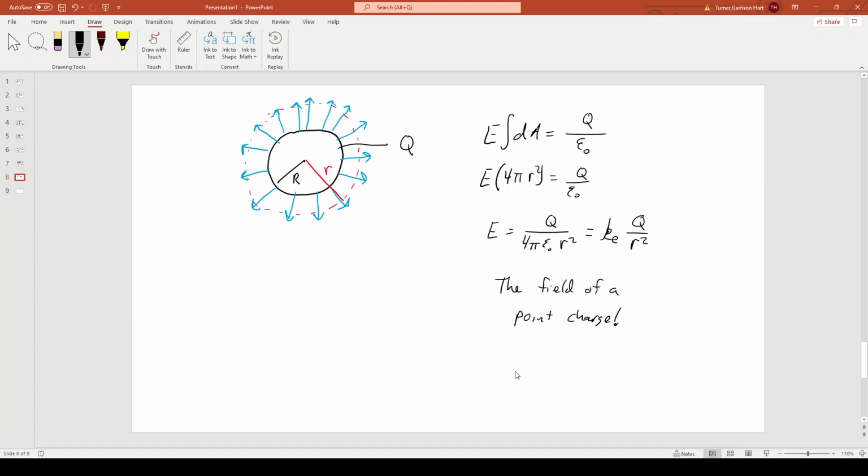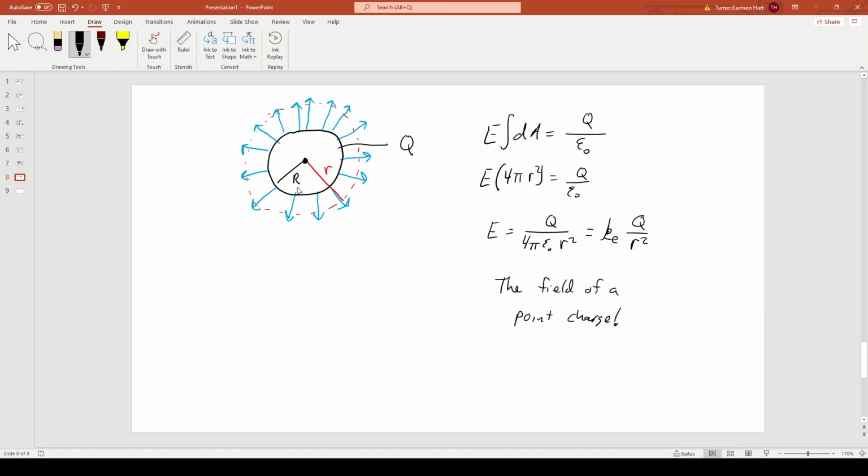Okay, the field of a point charge. And so any spherically symmetric charge distribution, when you're outside that charge, is going to give you the value of a point charge located at the center of that object. Okay?